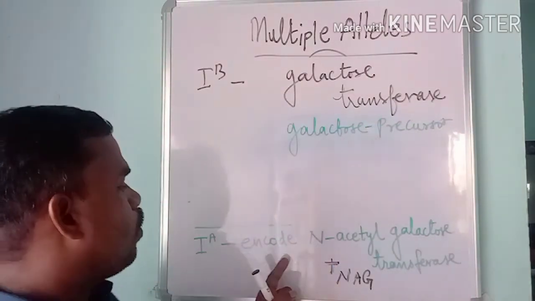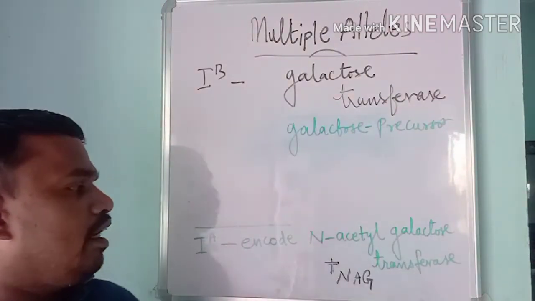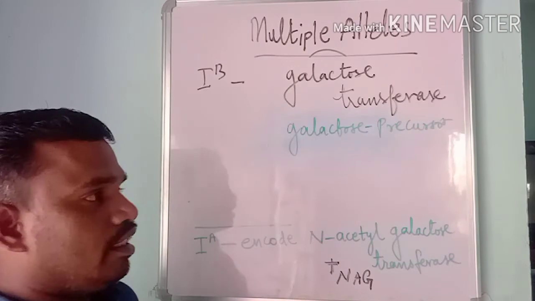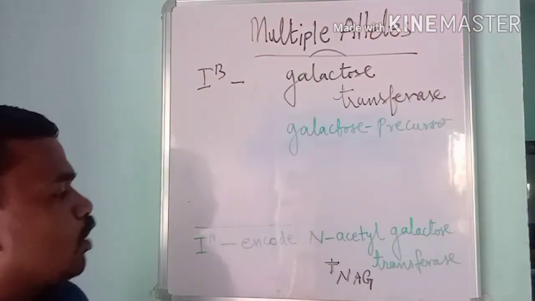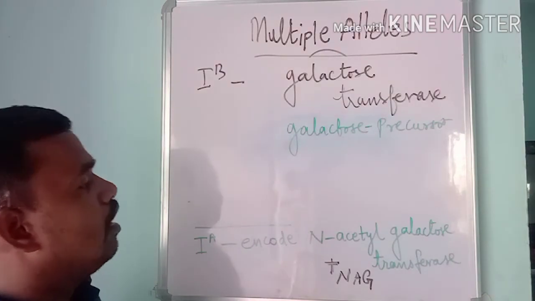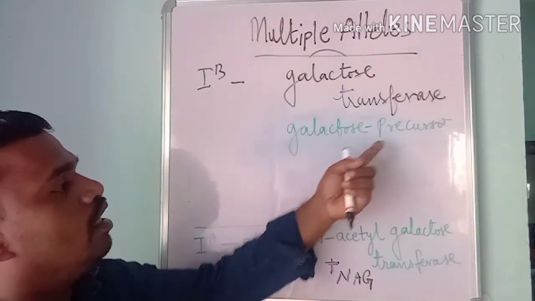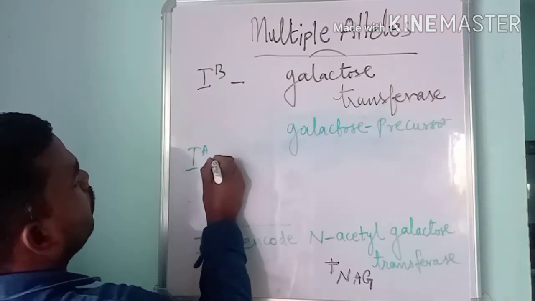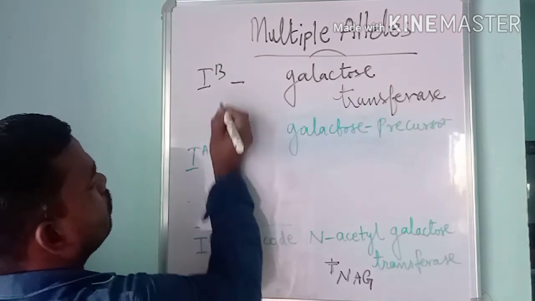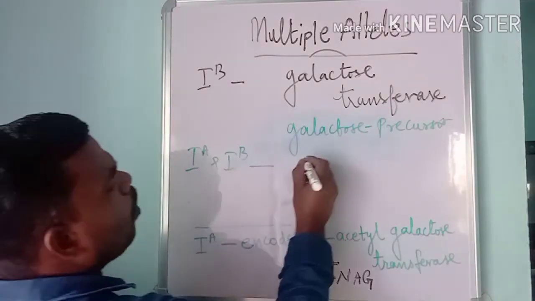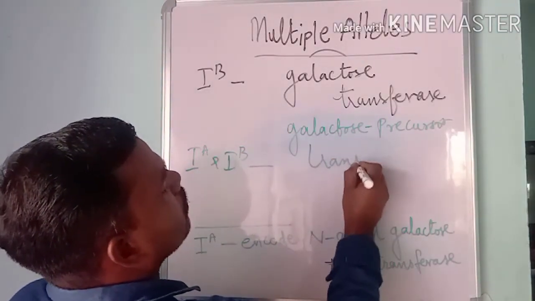Understand? The IA gene encodes N-acetyl galactose transferase, which adds N-acetyl galactosamine. The IB gene codes for galactose transferase and it can add galactose to the precursors. So IA and IB encode for transferase function.